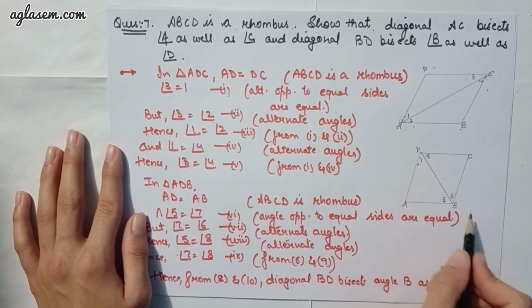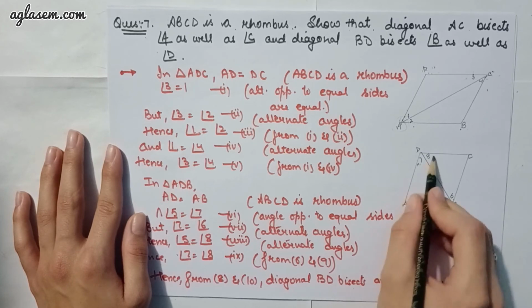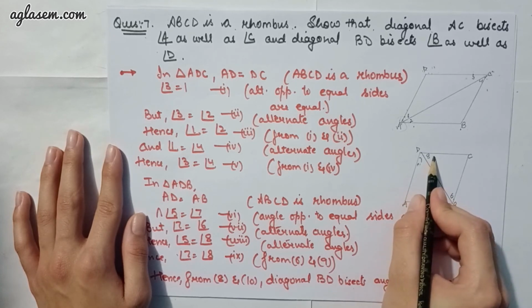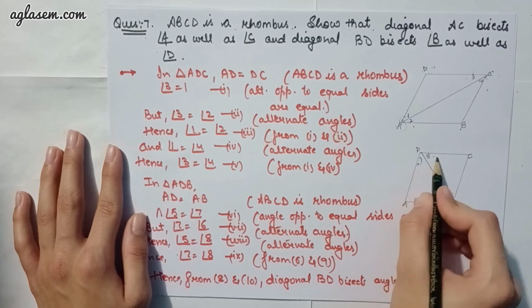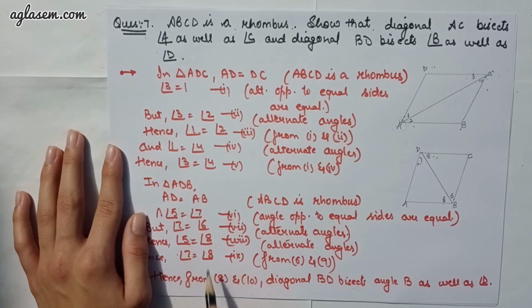And 7 is equal to 6, that is, alternate angles. And angle 5 is equal to angle 8, again alternate angles. And angle 7 is equal to angle 8, that is by 6th and 9th equation. So, from 8th and 10th equation, diagonal BD bisects angle B as well as angle D.